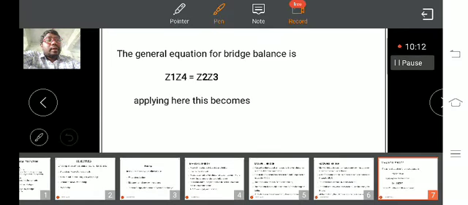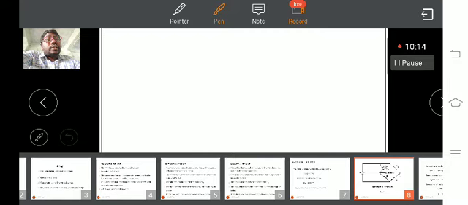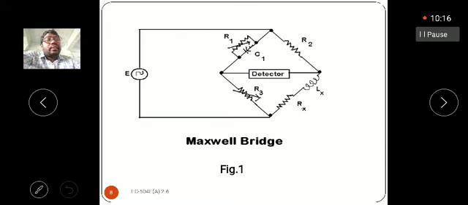In general, before going to the equation part, you must know the circuitry. Here we have the Maxwell's bridge. In the first arm, we connect resistor R1 in parallel with C1.